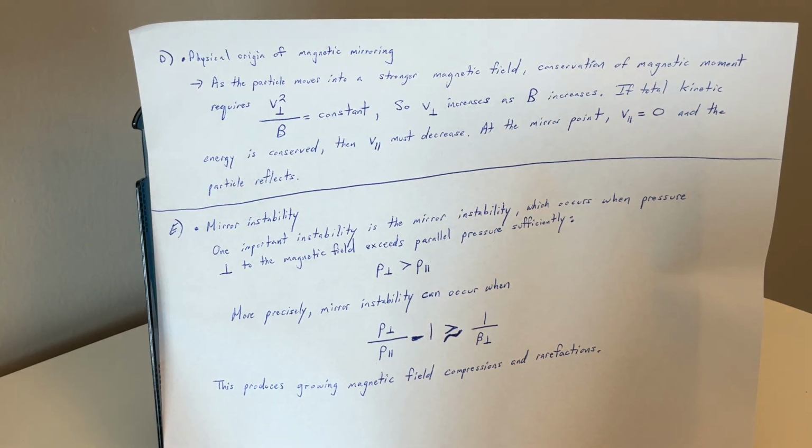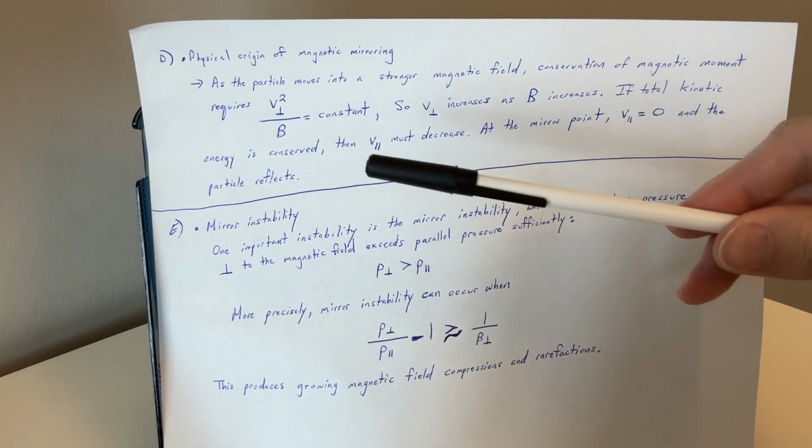So V sub perpendicular increases as B increases. If total kinetic energy is conserved, then V sub parallel must decrease. At the mirror point, V sub parallel equals 0, and the particle reflects.